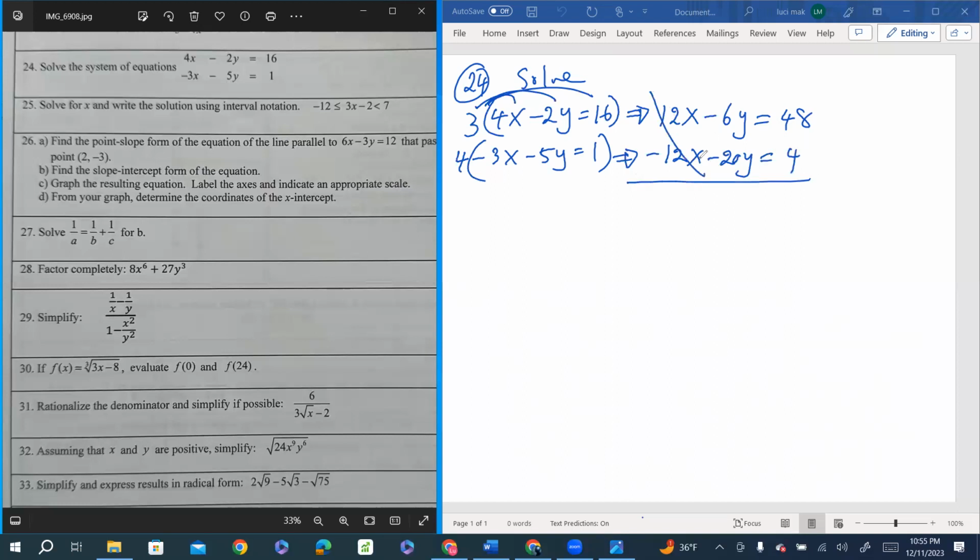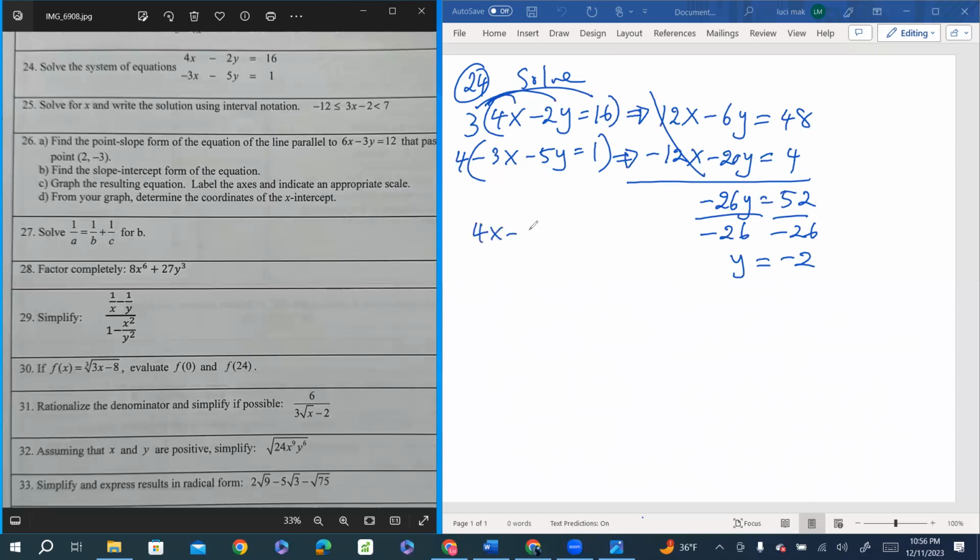Now, as you can see, positive 12x and negative 12x cancel each other out. Negative 6y minus 20y is negative 26y equals 52. Divide by negative 26 on both sides to get y equals negative 2. When y is equal to negative 2, we can solve for x by substituting into one of the original equations.